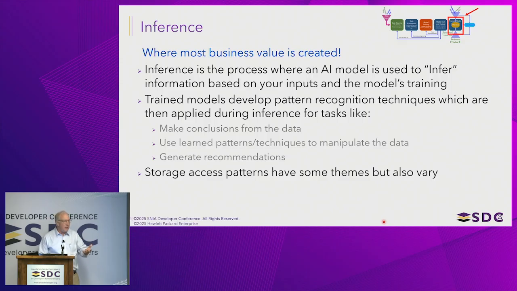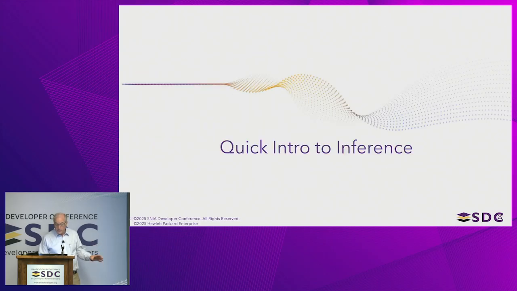The last time I saw data with this type of pattern, here's the next thing that came along. So they use those learned patterns and techniques to manipulate the data, doing what they've seen before, and they can generate recommendations. Now, storage access patterns for inference vary a lot, but there are some themes.